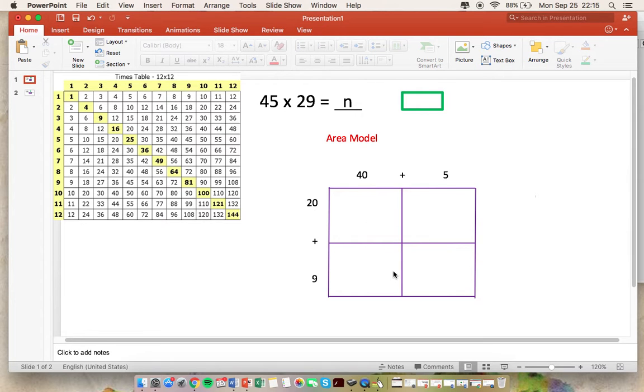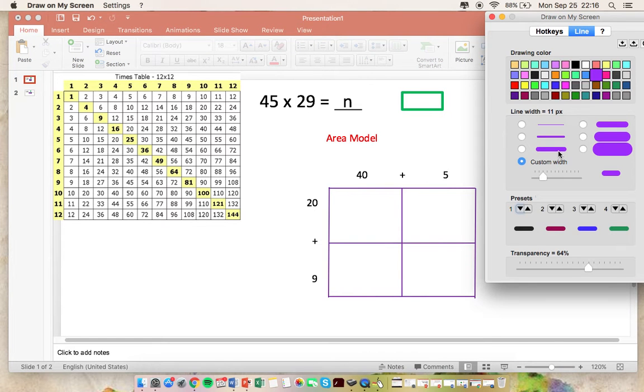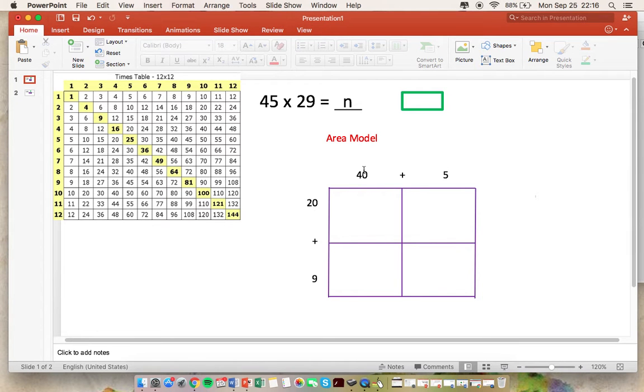What two numbers are we timesing in each box? All right, so I can see here that 40 times 20 will go in this box, and I can show that by using my colors here.